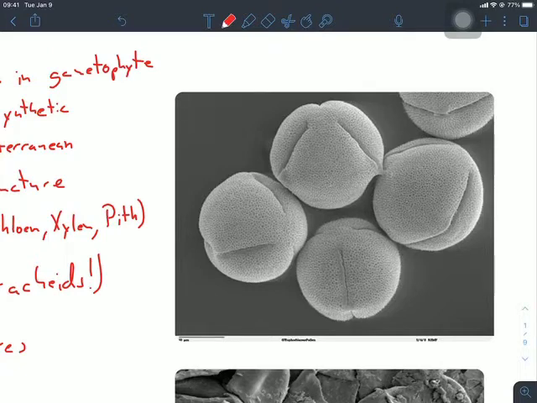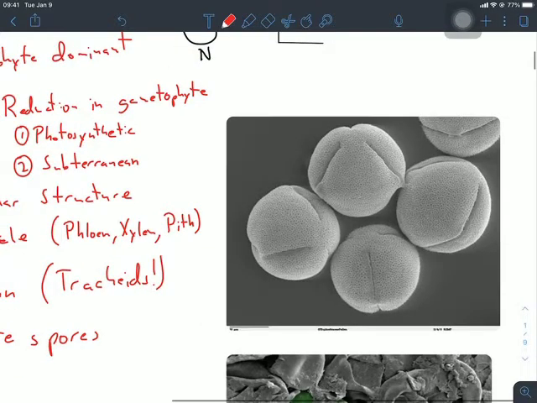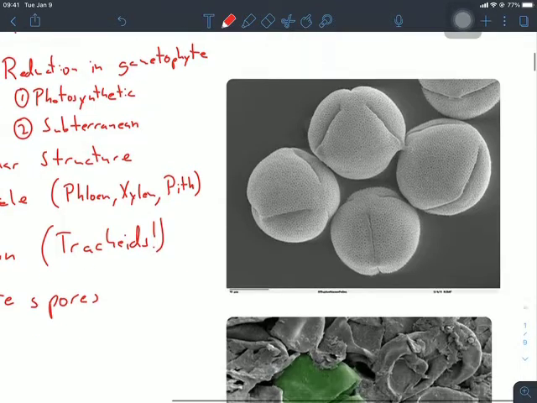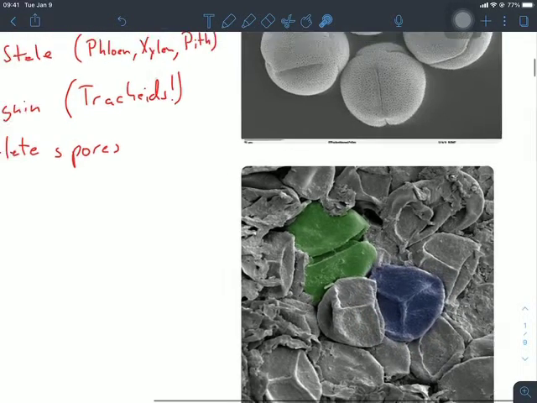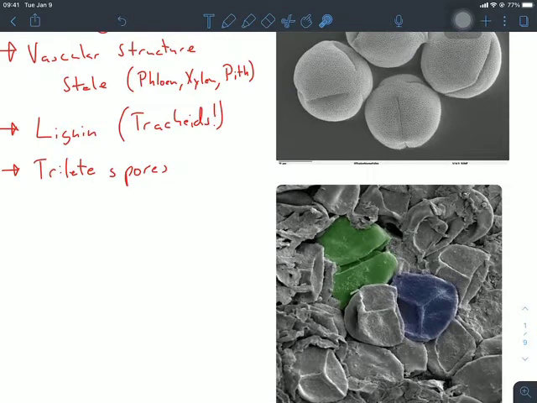And while these are pollen grains of a plant that exists today, we can see some of the similarity with some of the pollen grains, these trilete structures that are found over 400 million years before the present.